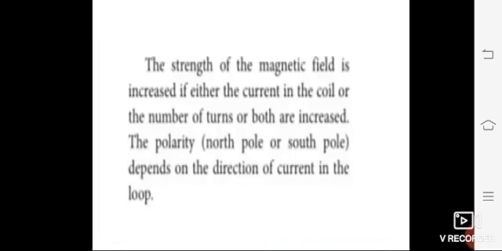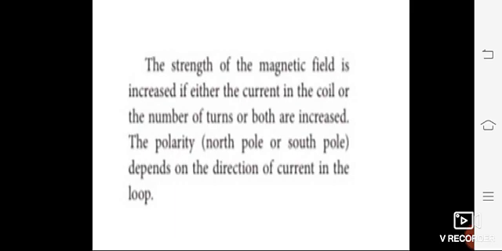Here the strength of the magnetic field is increased if either the current in the coil or the number of turns or both are increased. So the magnetic field produced is increased by increasing the current passing through the coil, or the number of turns in the coil, or both.